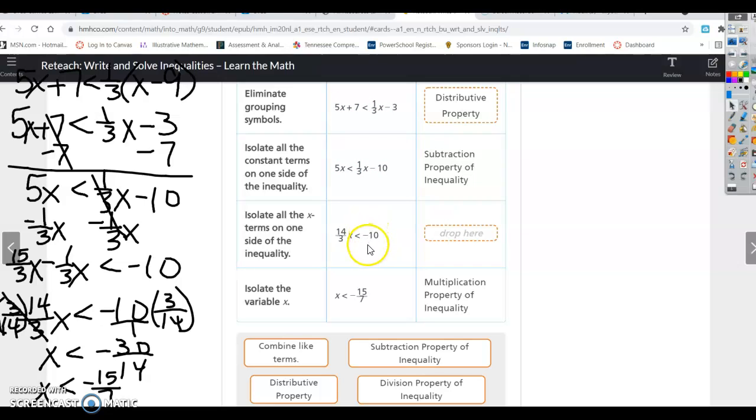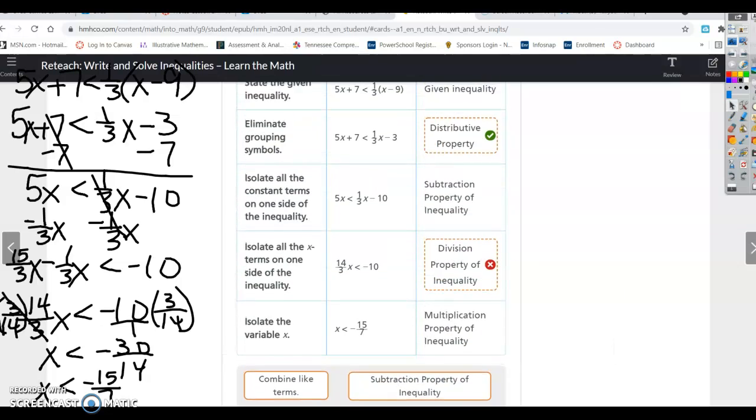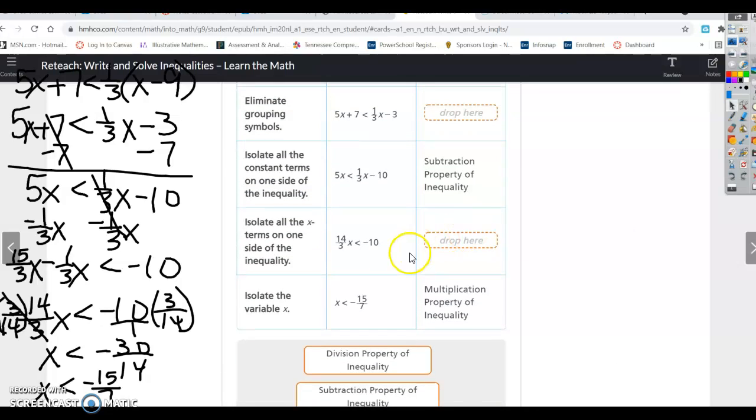All right, and then after that, it's either going to be combine like terms because we did combine the two x's, or they're going to say that's division property perhaps. Let's see if they do division property to multiply by a reciprocal. They did not. So let's see.